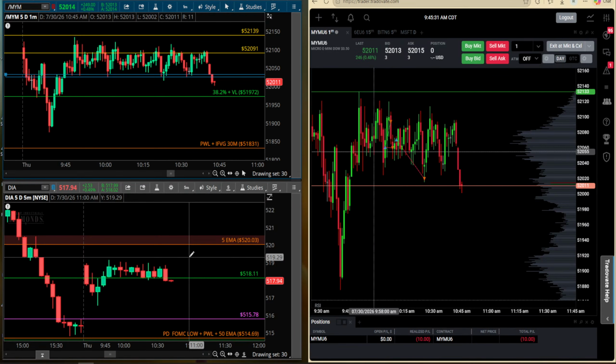This can be the 5 minute fair value gap now. Then we can target the low of the day. Yes, this 5 minute candle is not going anywhere above that value low. So I want to watch the 1 minute here.